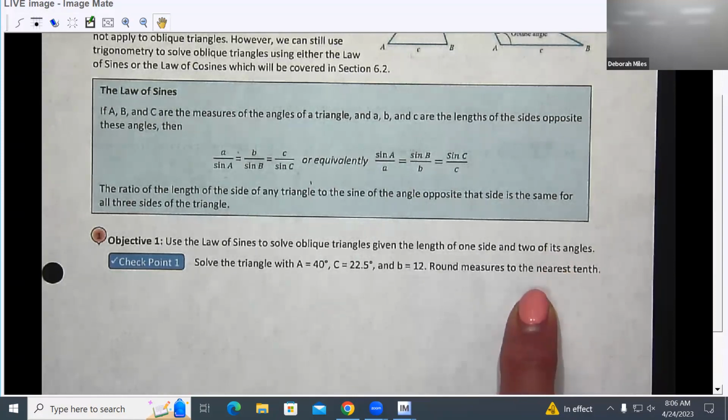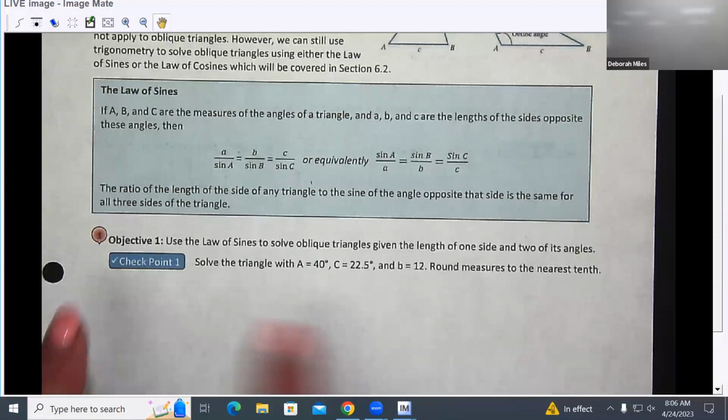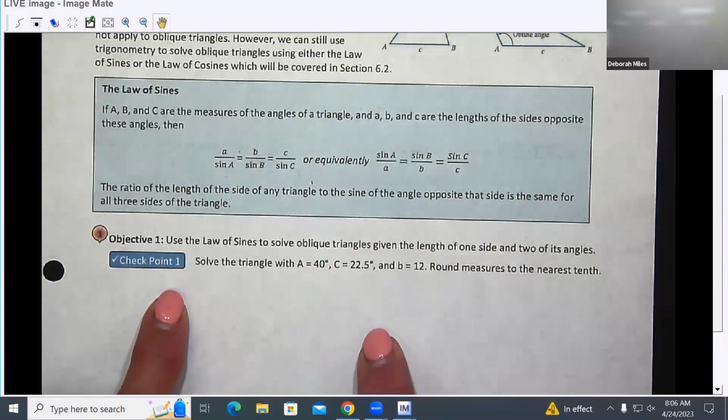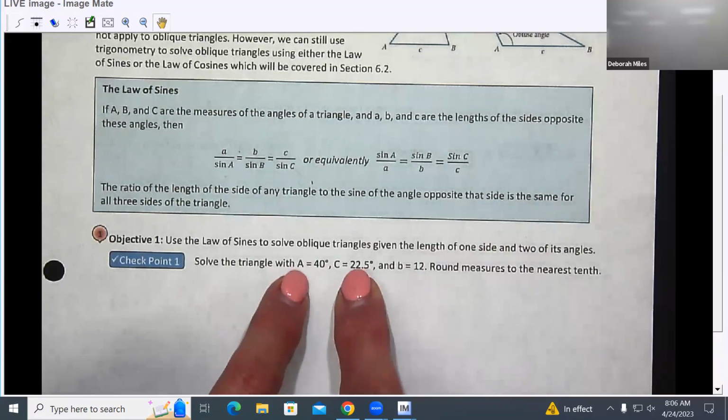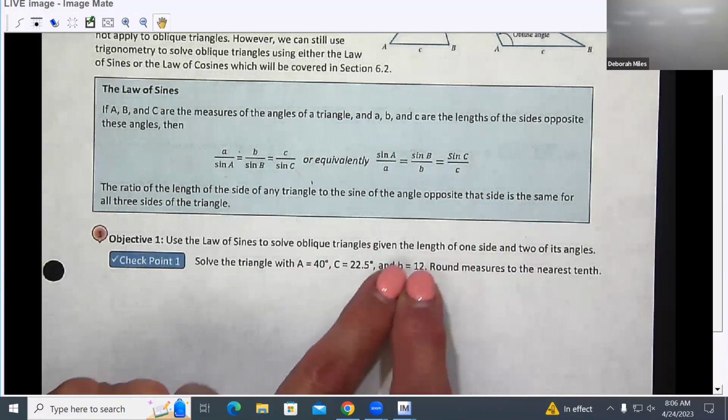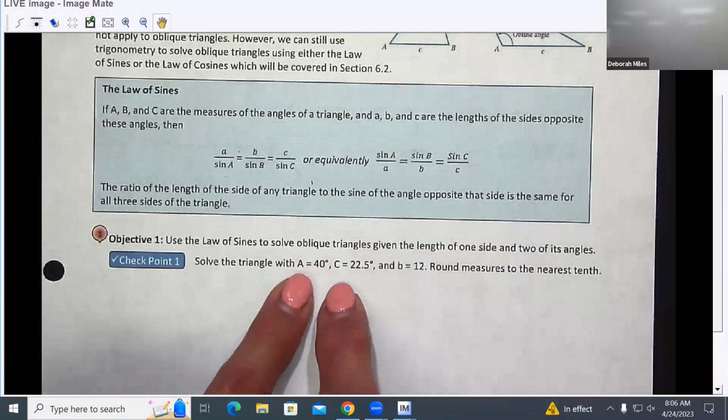If you have one complete ratio of a side and an angle opposite it, then you can use the law of sines. So in checkpoint 1, we have 2 of the angles and a side, but that side doesn't happen to be opposite either one of the 2 angles that were given.